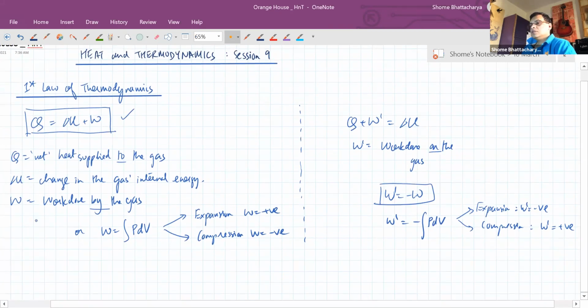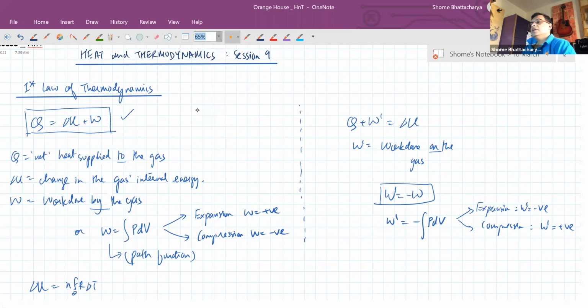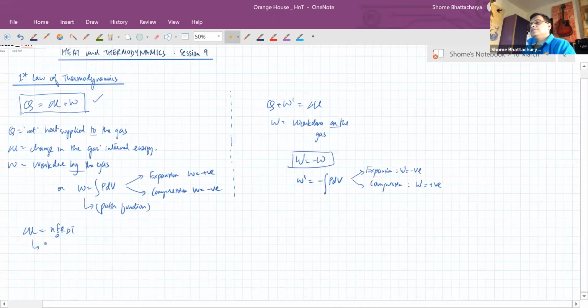So work done is a path function, whereas delta U is a state function, or internal energy is a state function.